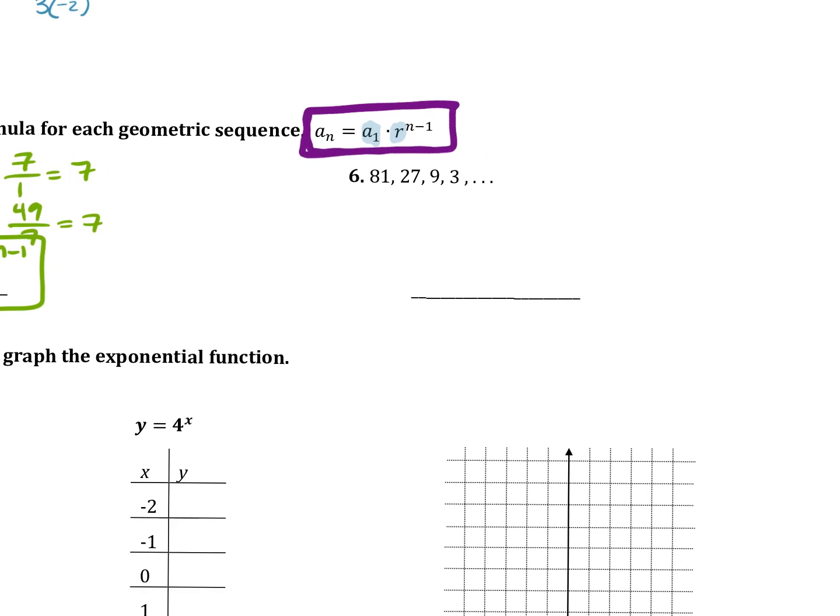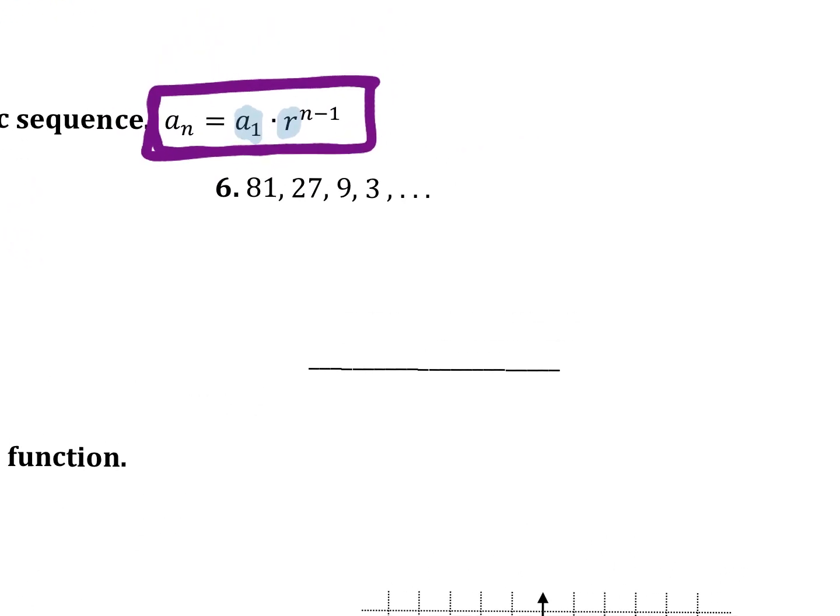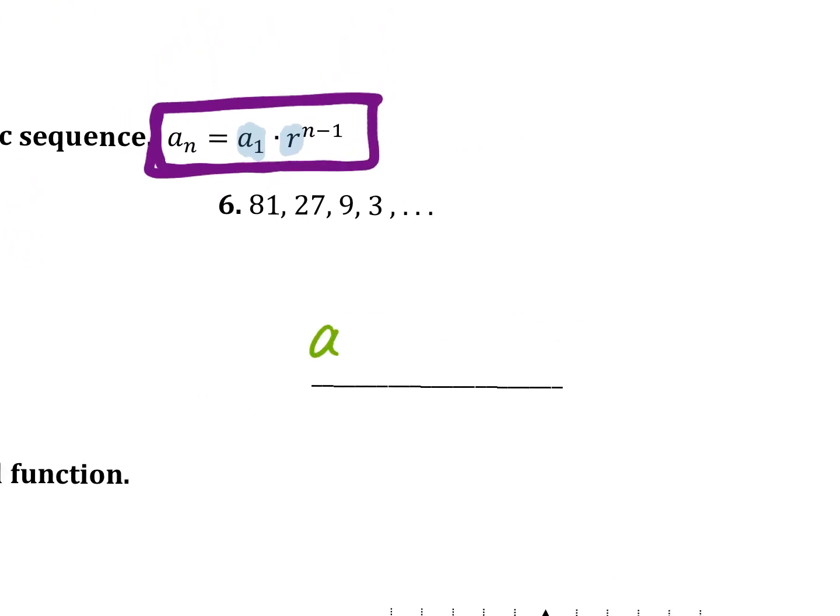Okay, number 6, similar idea. You say a sub n equals what? 81, your first term. This is your a sub 1. So 81. Then what? How am I getting from 81 to 27, 27 to 9, 9 to 3? It's not 3.